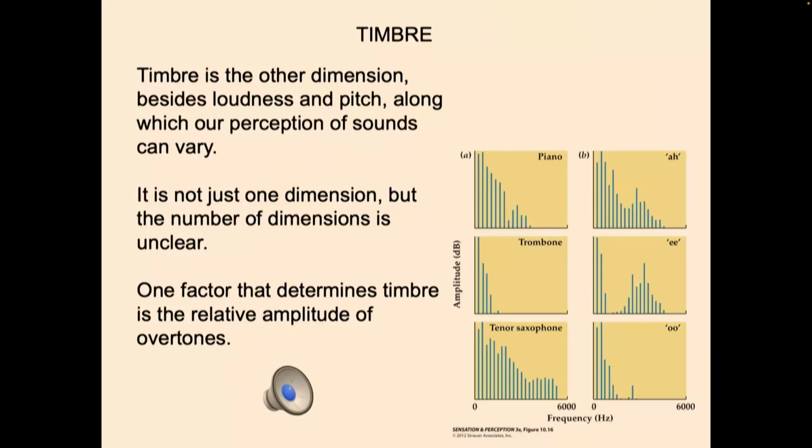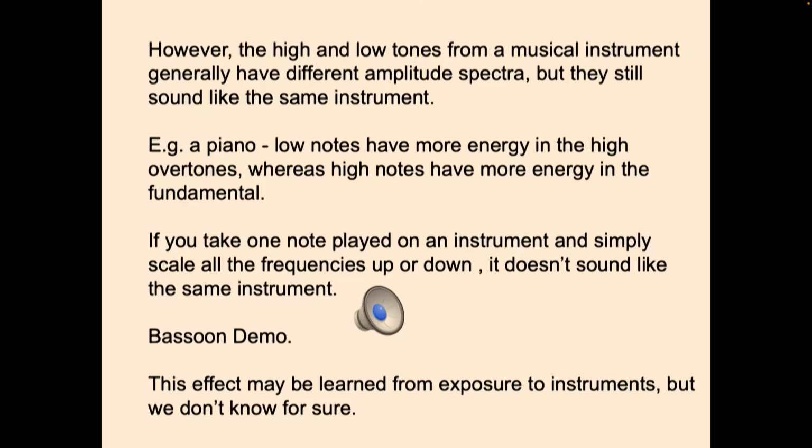Hopefully you had the experience that it gradually became a more and more realistic rendition of a guitar being plucked, right? So timbre, the sense of what the instrument is, is some operation being performed on the entire sound, and the relative amplitudes of the different overtones are part of the story, okay?